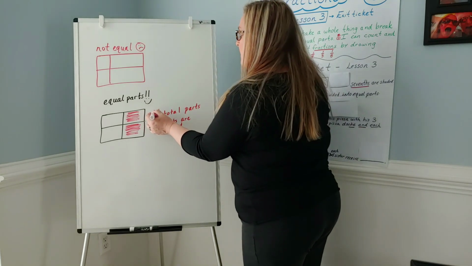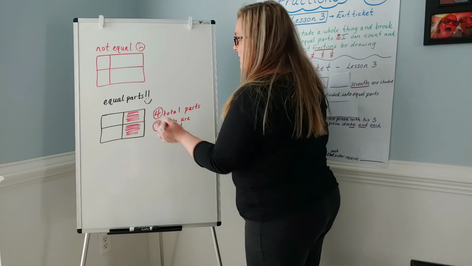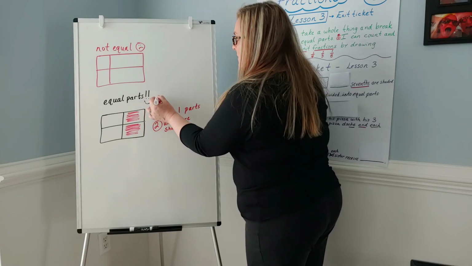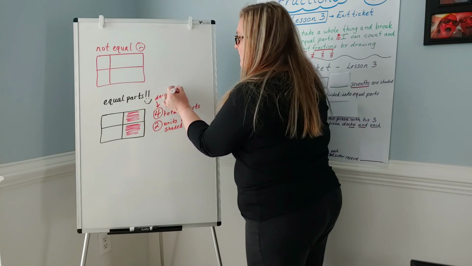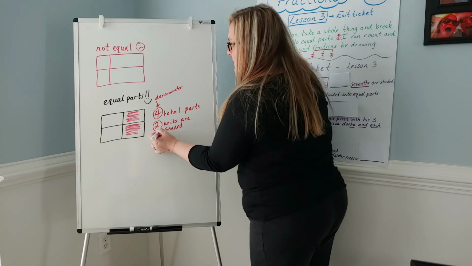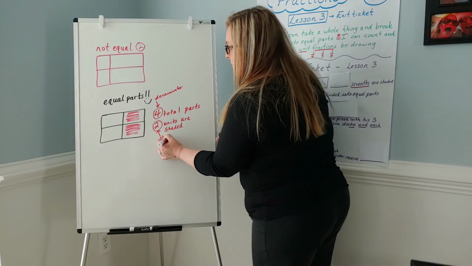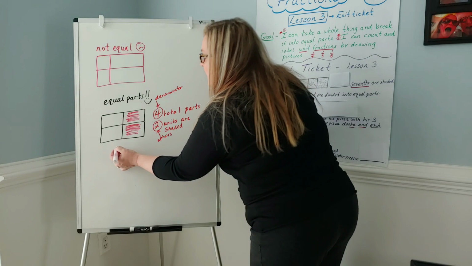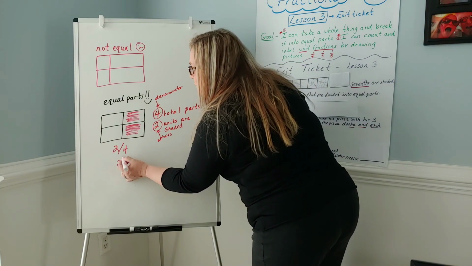So if we have 4 total parts and 2 units are shaded, this number here is our denominator, which is downstairs on the bottom. And this one is upstairs, which is the numerator. So we would write this fraction as 2 out of 4, or 2/4.